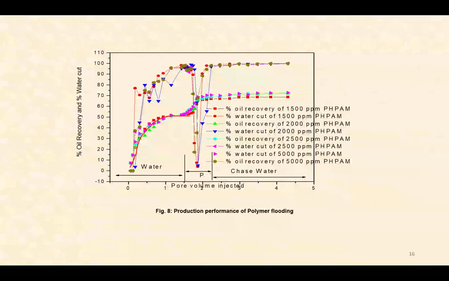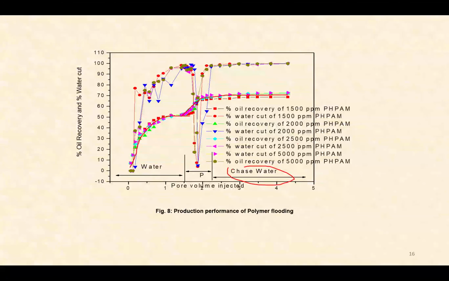After that, you inject the chase water to maintain the pressure, so that this polymer slug moves forward and displaces the remaining oil. And then you can see there is significant additional oil recovery.